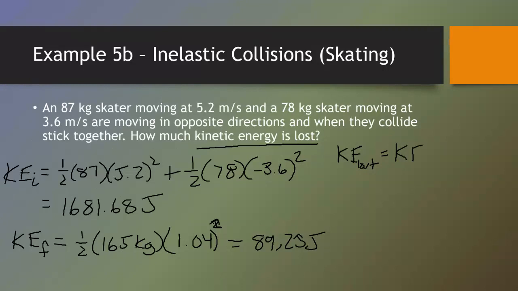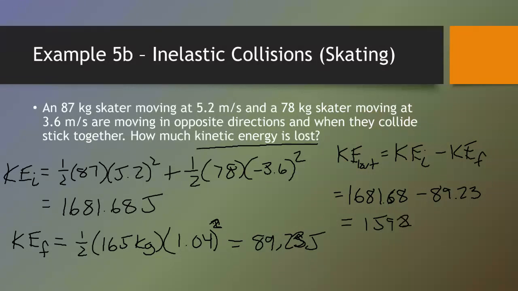The initial amount minus the final amount will give you the amount that's lost over the course of the collision. 1681.68 minus 89.232. And the amount of kinetic energy that's lost is 1,592.45 joules.